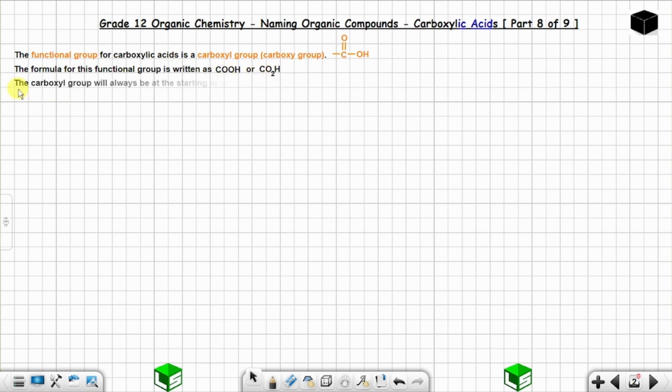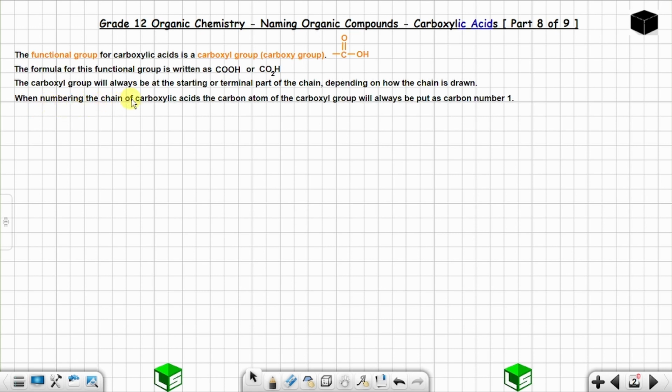The carboxyl group will always be at the starting or terminal part of the chain, depending on how the chain is drawn. We are going to see that. When numbering the chain of the carboxylic acid, the carbon atom of the carboxyl group, this carbon atom, will always be put as carbon number 1.